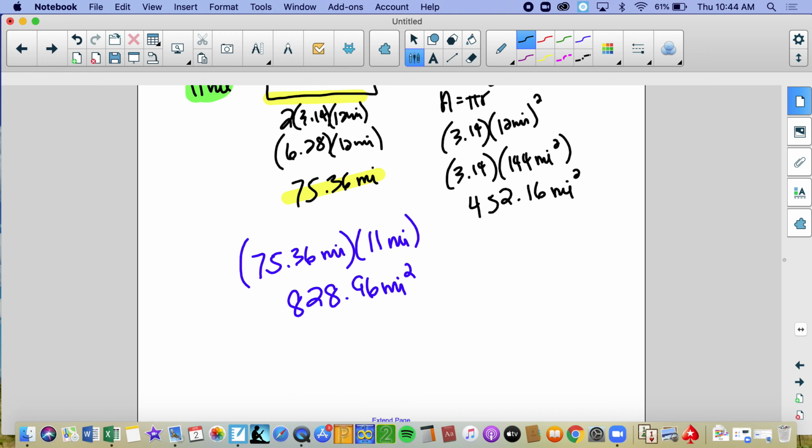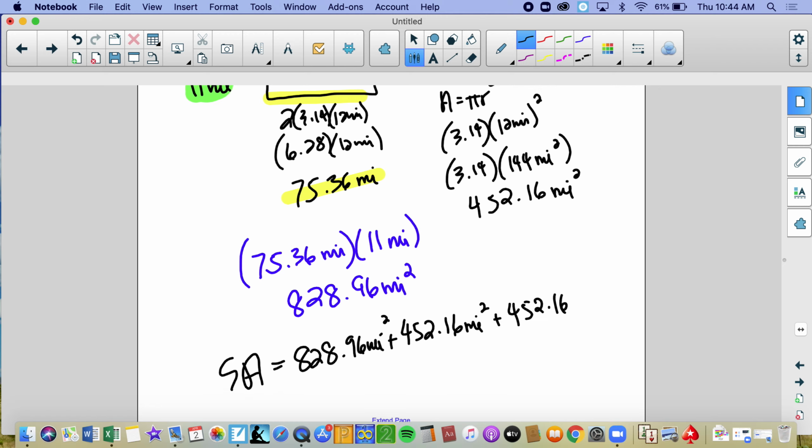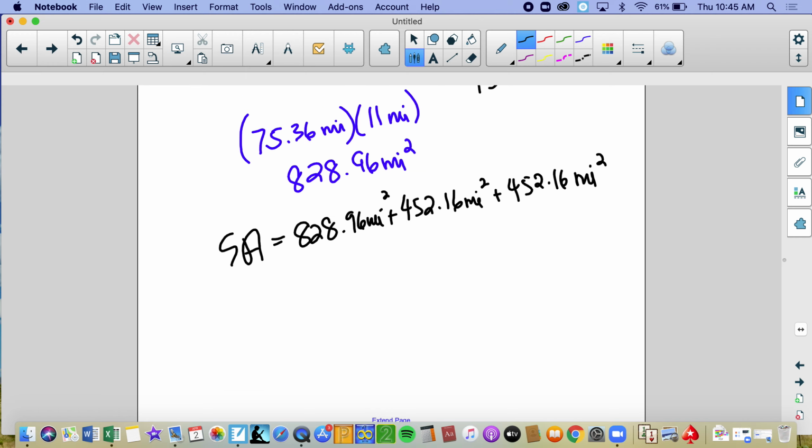So now surface area is going to equal all those added up: 828.96 miles squared plus 452.16 miles squared plus 452.16 miles squared. Ooh, those are some big numbers.